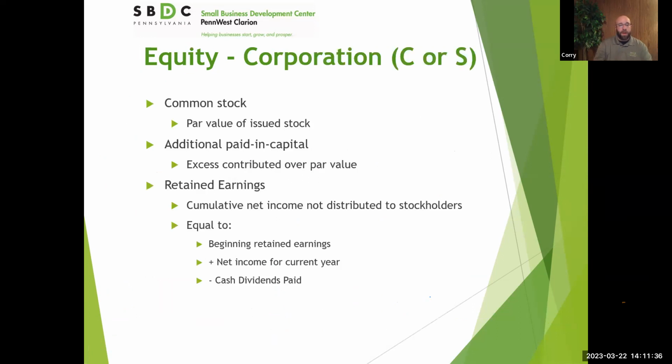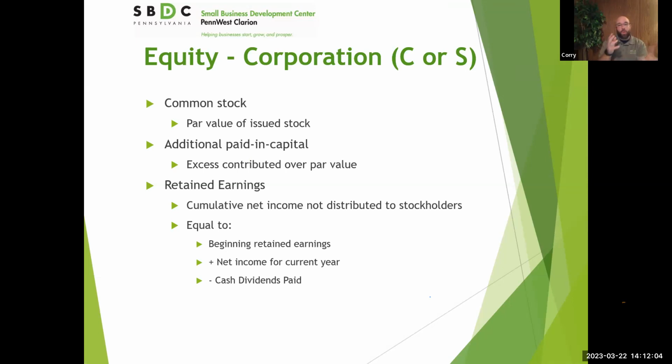So if we now take a look at the S corporation, some of you very well may be S corporations, some of you may be C corporations as well. C corporations are normally for larger companies. S corporations are for us small businesses that want to be treated like a company that has limited liability, and yet we like to be taxed from a personal tax basis.